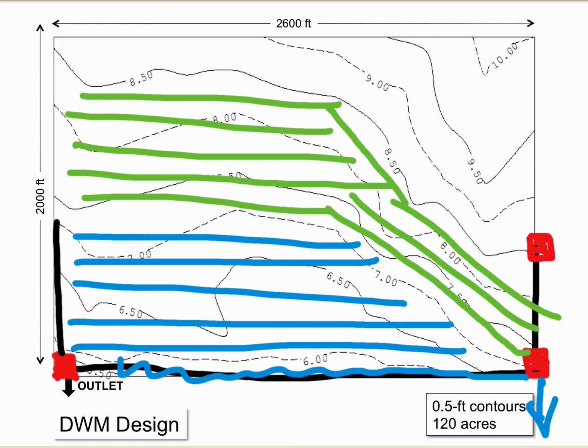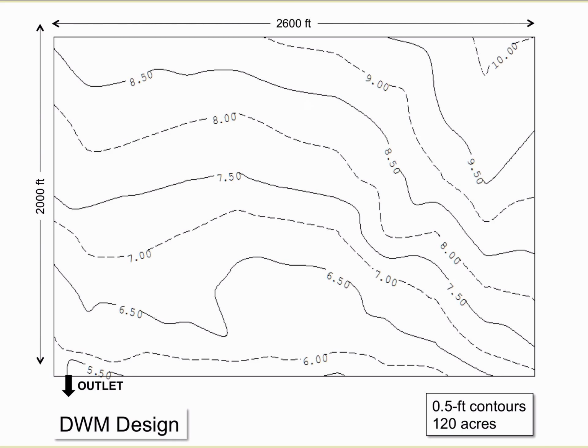Some of you may have been thinking about the fact that we've been putting that first structure down here at 5.5 feet. Yet, there's only a portion of the field, just the edge of the field, that is at that elevation.